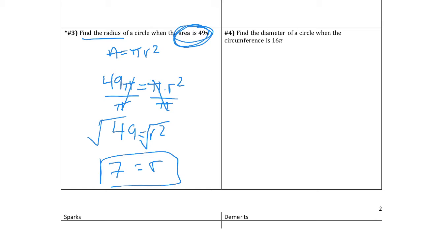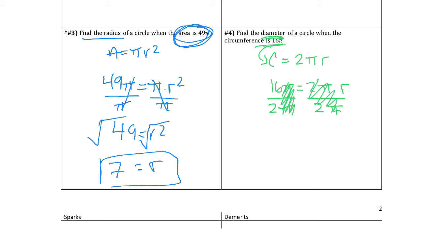For the next problem, I want to find the diameter of a circle when the circumference is 16 pi. Well, circumference equals 2 pi times radius. Circumference is 16 pi, so I'll plug that in where the C is. So I'm going to divide both sides by 2 pi. That way it cancels out here, and I just have the radius left.